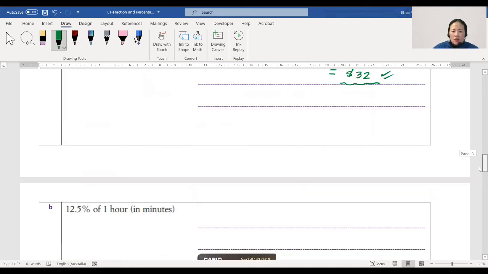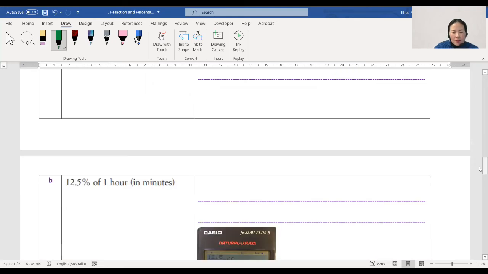Okay, so next one, 12.5% of 1 hour. I'm going to change this 1 hour to minutes. So 1 hour is 60 minutes, isn't it? That's what I'm going to use. Now, 12.5%, I'm going to put 12.5 over 100. Of course, feel free to use 12.5 divided by 100, that works as well.